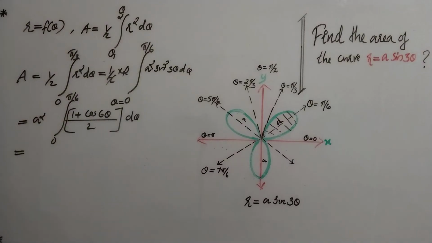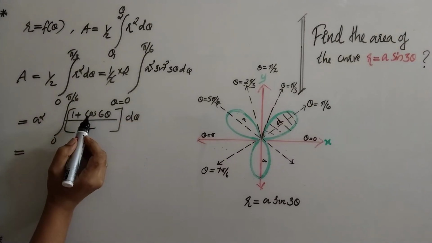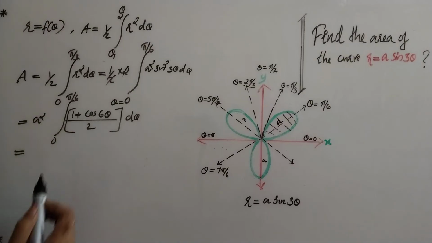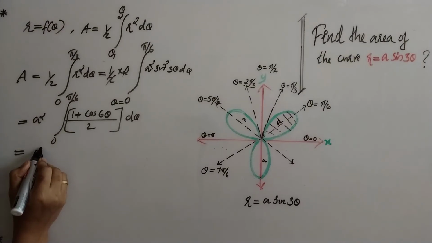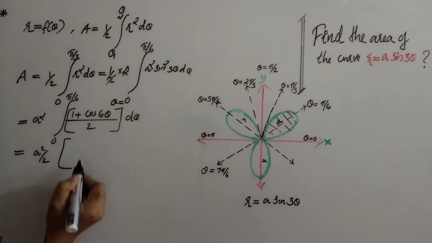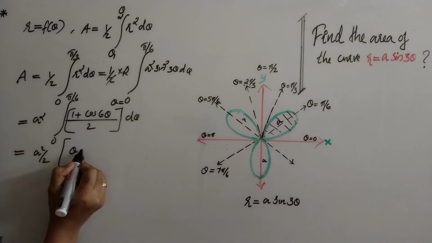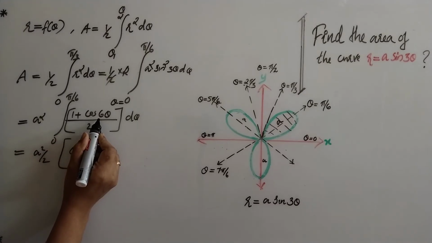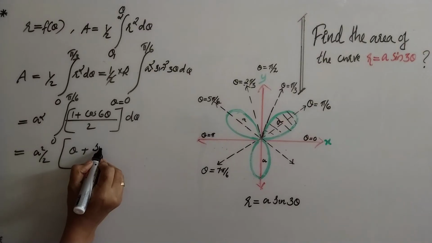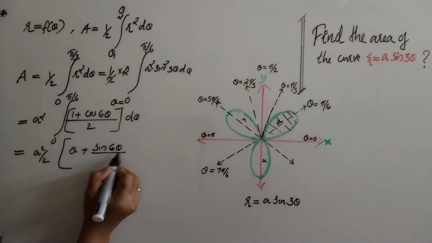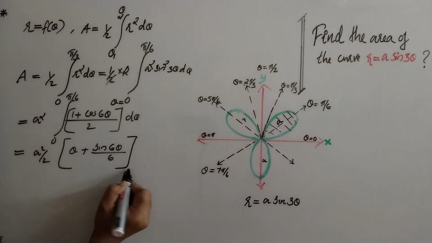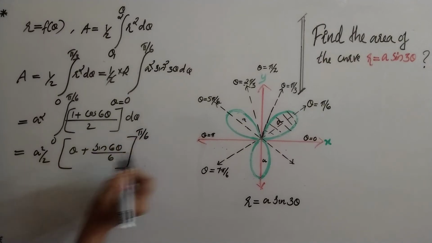Sin square theta is (1 plus cos 2 theta) by 2. Here we have 3 theta, so cos 2 into 3 theta is cos 6 theta. So a square by 2 into the integral of 1 d theta, which is theta, plus the integral of cos 6 theta d theta, which is sin 6 theta divided by 6, with limits from 0 to pi by 6.